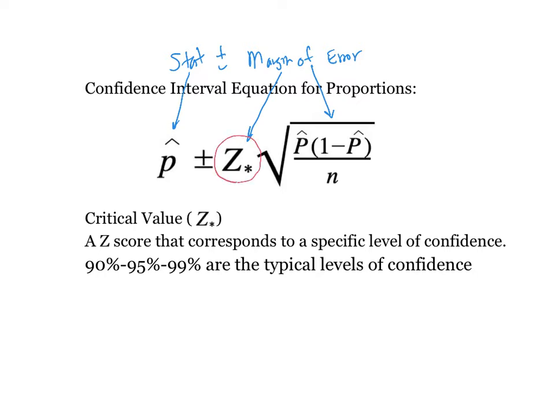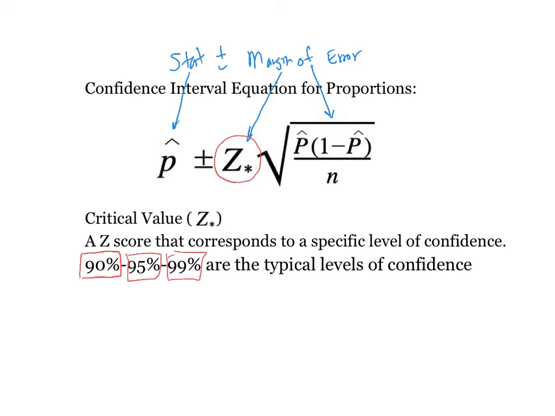And for proportions, that critical value will be a z-score. Put a star there, because it's supposed to remind you that this is called a critical value. So a z-score that corresponds to a specified level of confidence is the critical value. In statistics, we often find one of these three levels of confidence: either 90%, 95%, or 99%.